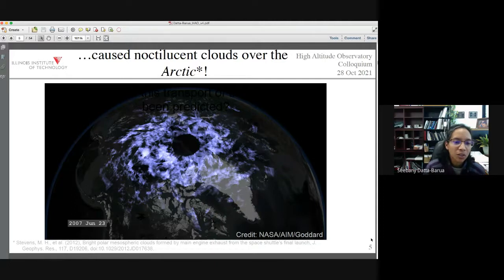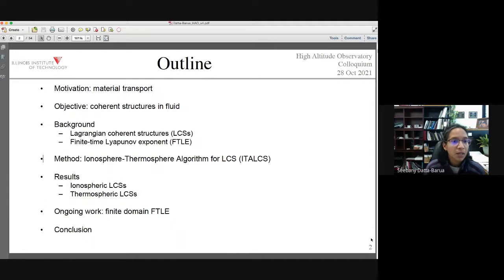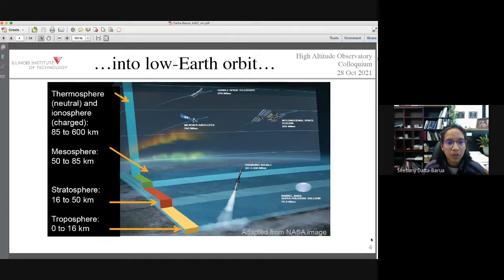Now, this is not a picture specifically from that shuttle event. This is an image of data from the NASA AIM mission. But the idea is that water vapor and where it goes, or any material and where it goes in the upper atmosphere, matters for various reasons.